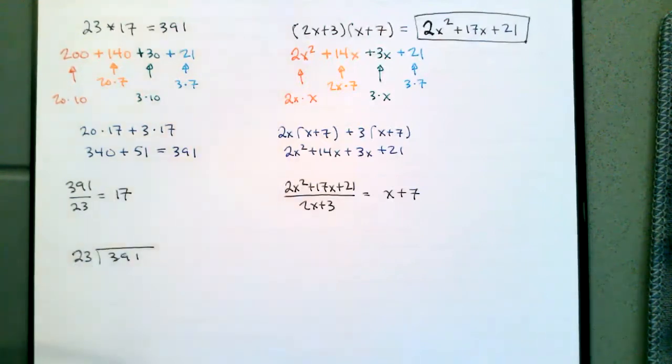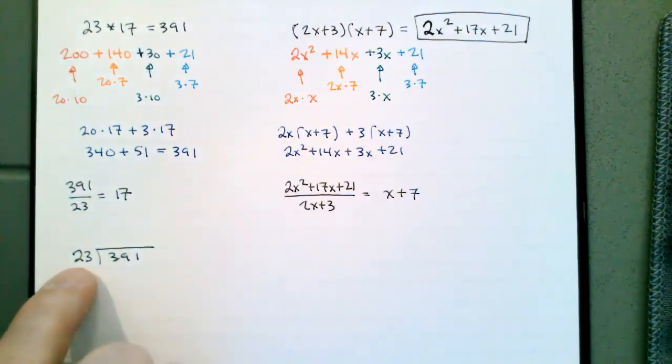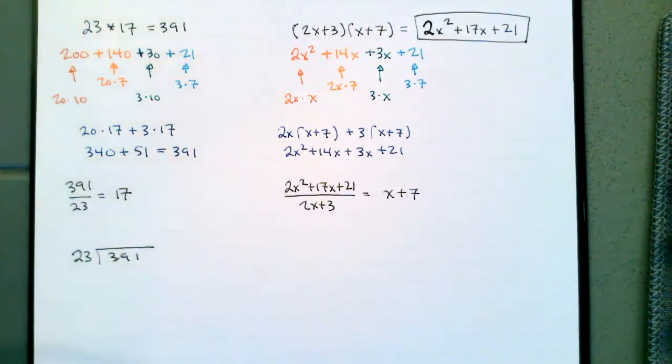Once again, we want to think about how many times we could subtract 23 from 391 without going negative. And we start in the tens place. How many times can we subtract 23 from 39 or 390 without going negative? And we can do that 10 times.